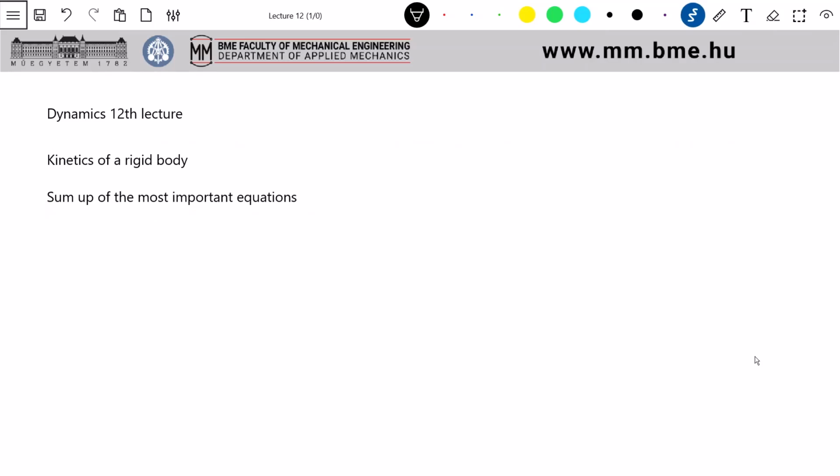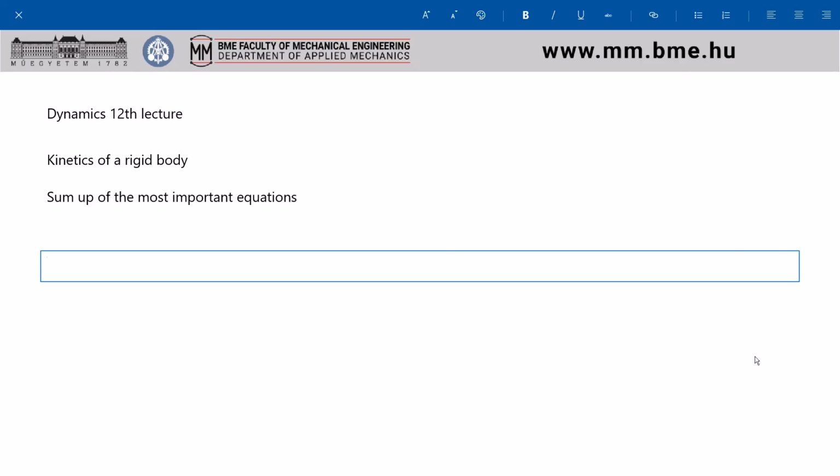So let's consider we have three cases. Maybe like this it will work better. We have the case with respect to the center of mass, which is indicated with S. Then the point with zero velocity, and then here we have a generic point.